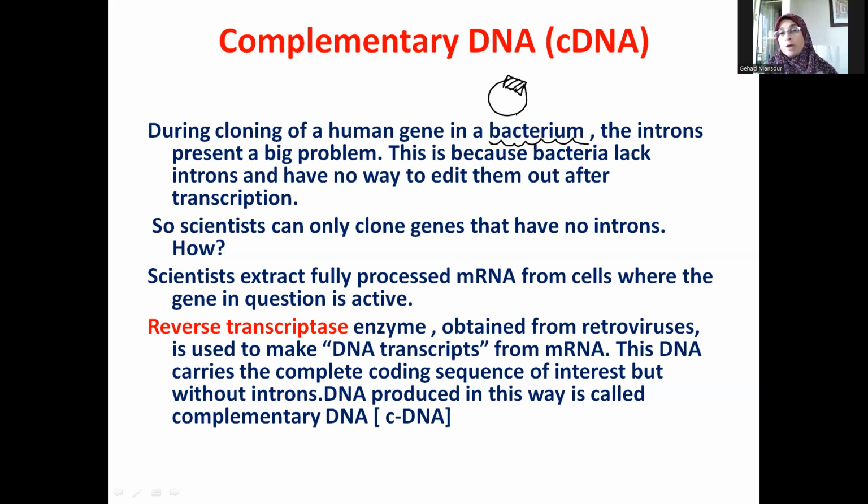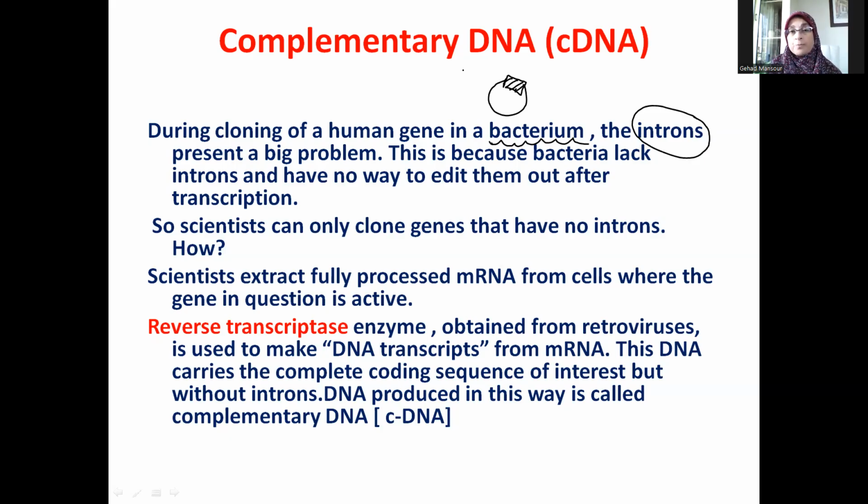or if they want to replicate DNA of human source, the introns represent a major problem for the bacteria. They do not understand what introns are because there are no introns in the genome of bacteria.